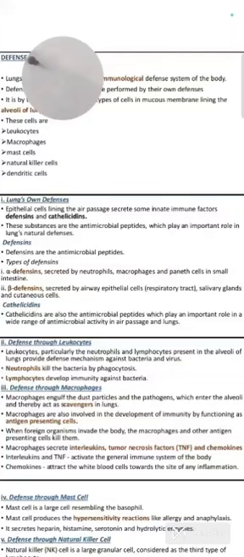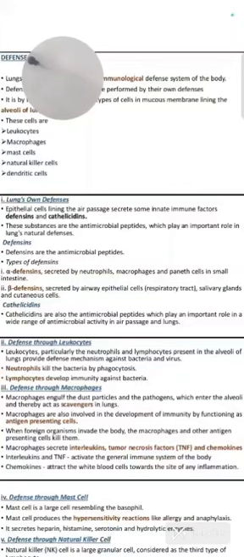So there are two types of defensin. One is alpha defensin, another one is beta defensin. The alpha defensins are secreted by neutrophils, macrophages, and Paneth cells in the small intestine, but beta defensin is secreted by airway epithelial cells, which is in the respiratory tract, as well as salivary glands and cutaneous cells.